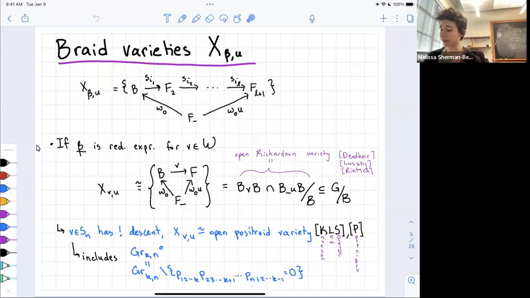If you think about this a little bit, you can see that this is a very natural subset in terms of the two decompositions of the flag variety. It's just a Schubert cell, the one indexed by V, intersected with an opposite Schubert cell, the one indexed by U. This kind of intersection is sometimes called an open Richardson variety.